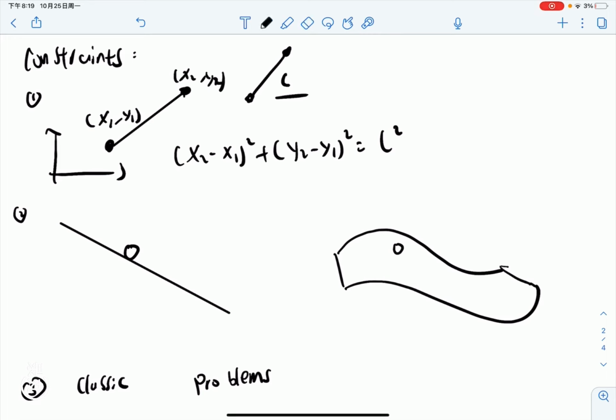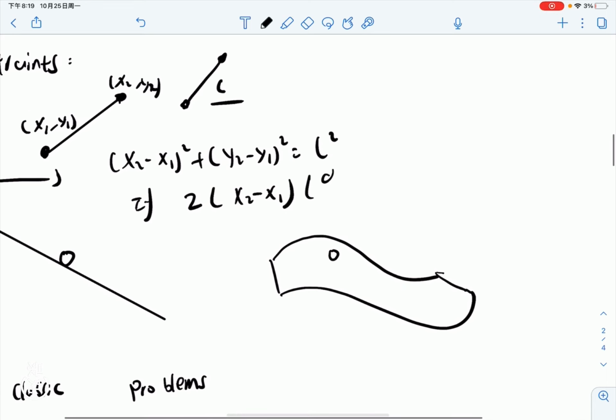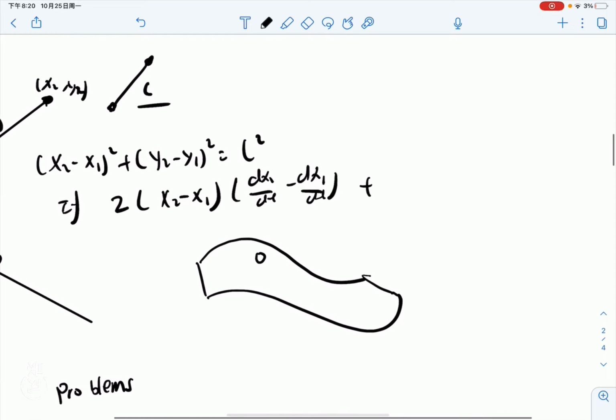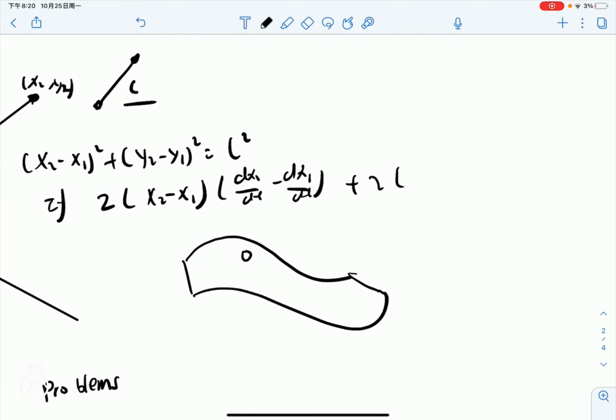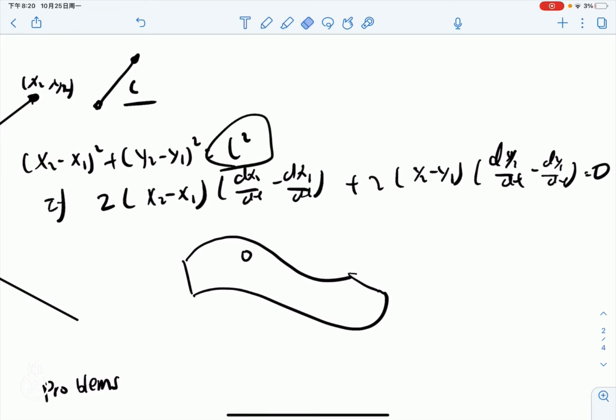And if you take d/dt of both sides, you get 2(x2 minus x1)(dx2/dt minus dx1/dt) plus 2(y2 minus y1)(dy2/dt minus dy1/dt) is equal to 0, because this length doesn't change over time.